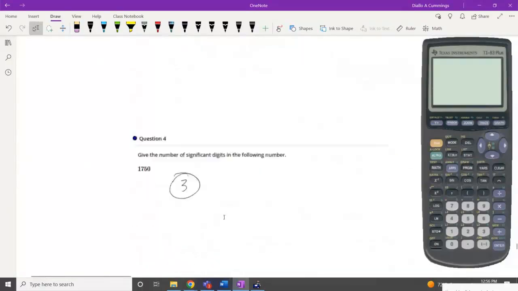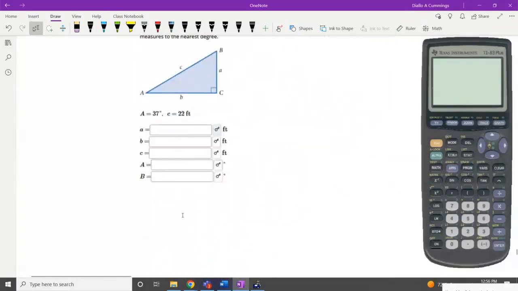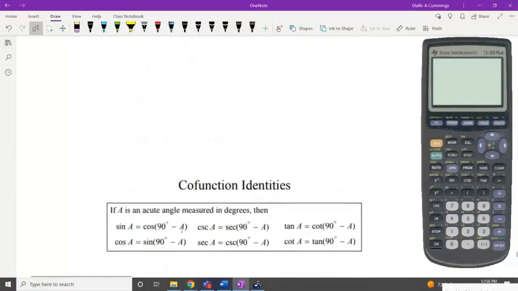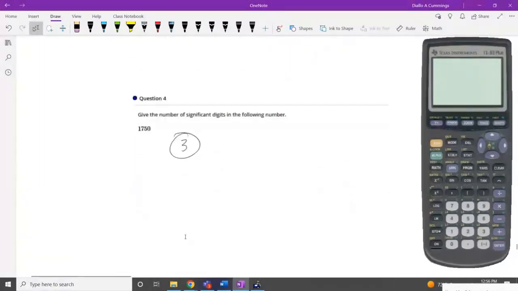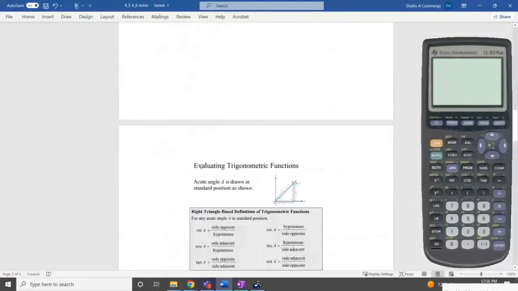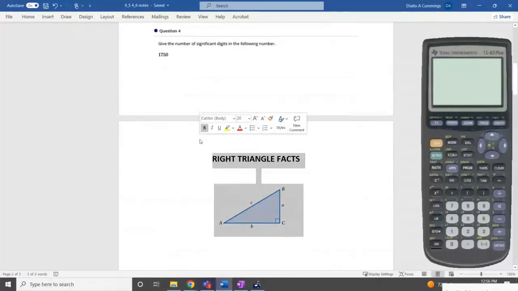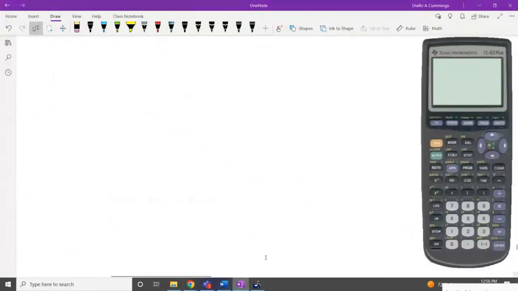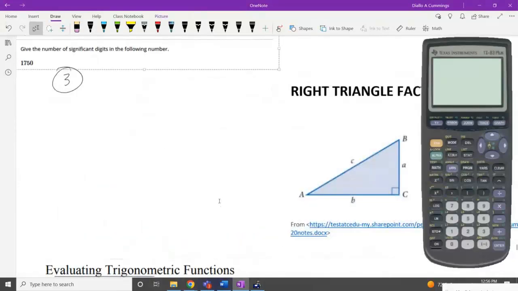All right, next we get into some right triangle trigonometry. So I'm just going to slide this over.